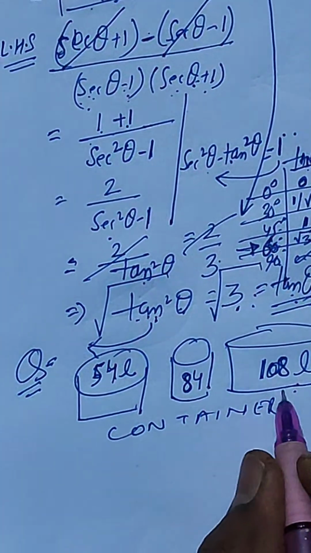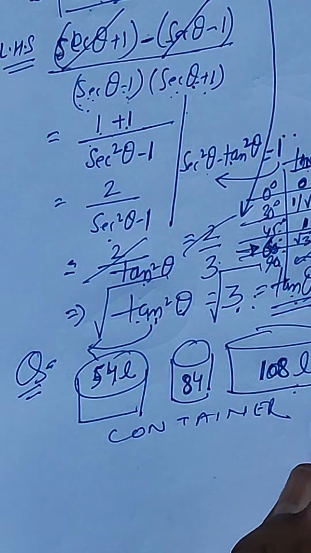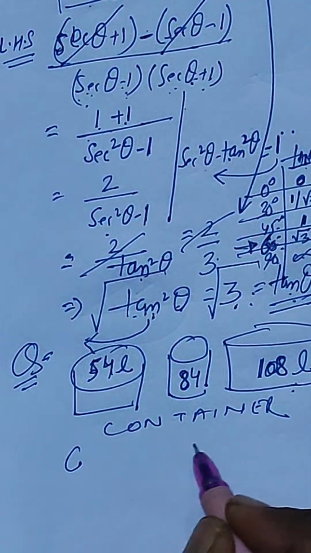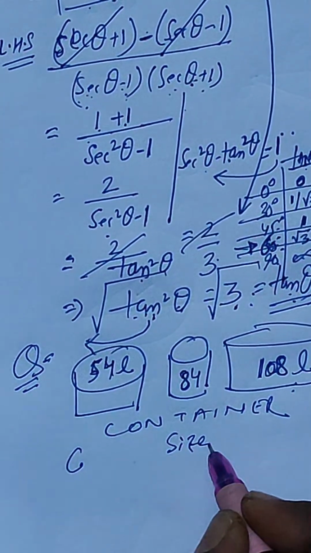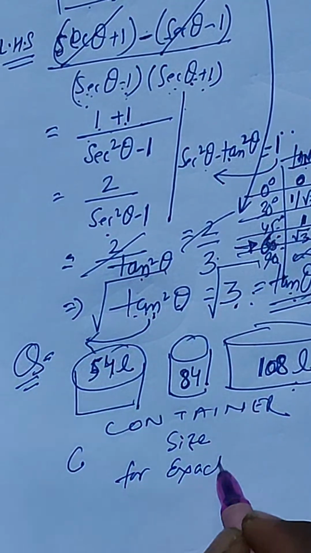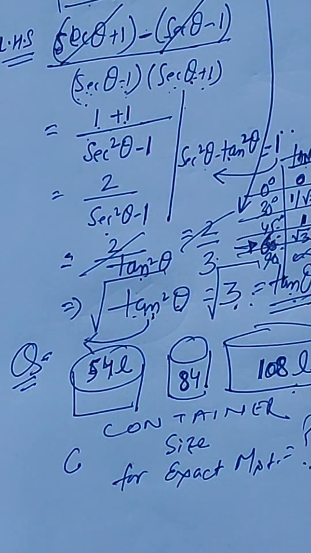The question is: find the measurement of the largest cup that can measure the milk of the above containers exactly, right? So what is the container size for exact measurement? This is the question to you.